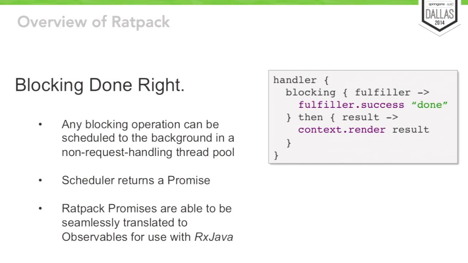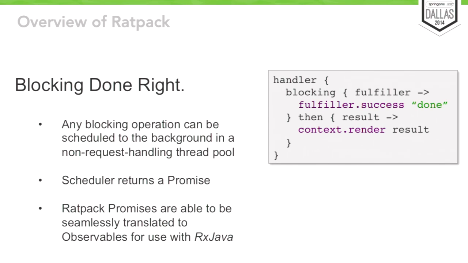So within a handler, we're given the ability to supply a blocking operation, which returns a promise, and then we can subscribe to that blocking operation using then, so that once it's completed, we can render that back out to the client, right? So we can do all this work over here in an I/O thread pool or something like that, and then when we're done, we can go back to the request taking thread pool and say, hey, go and write this back to the client. That's pretty cool.